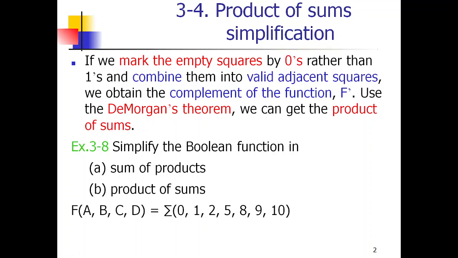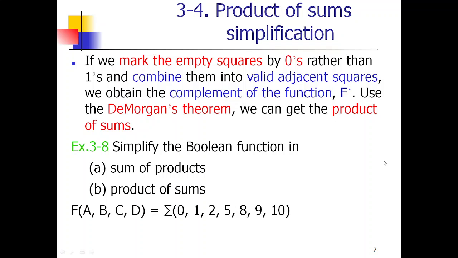So instead of plotting the ones in the K-map, we plot the values as zeros and combine them as we discussed in the previous video. Finally, we write the Boolean function as f dash, and that f dash is used with De Morgan's theorem so that we can obtain the Boolean function f.